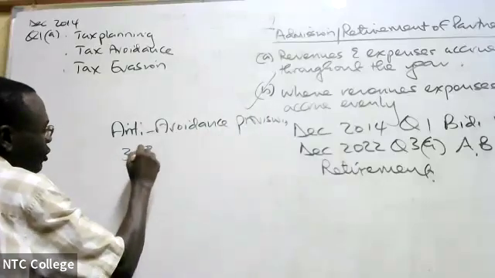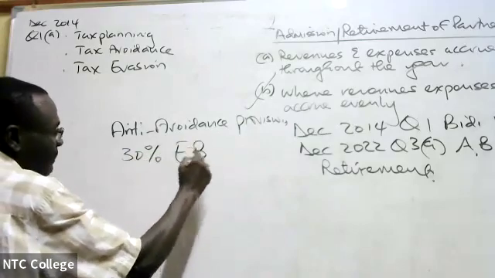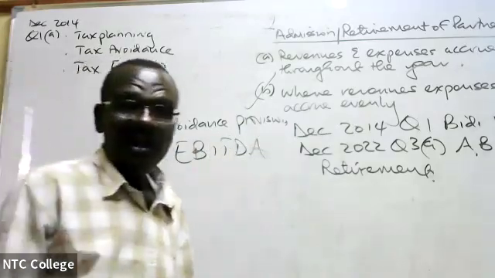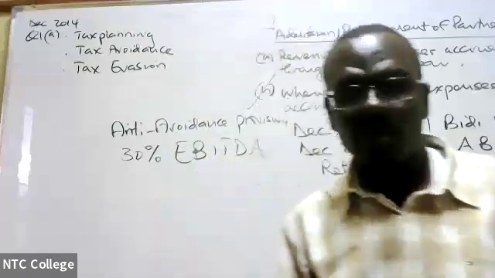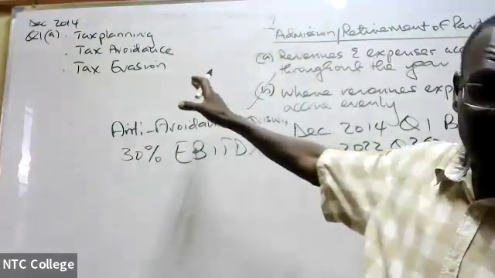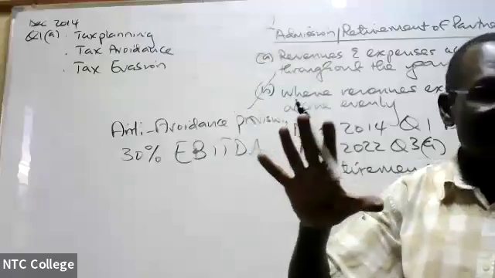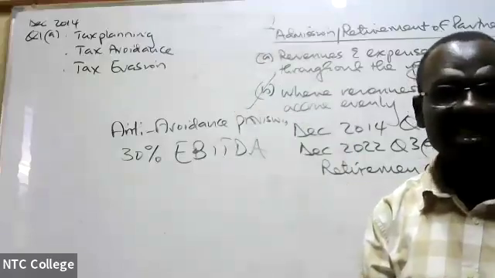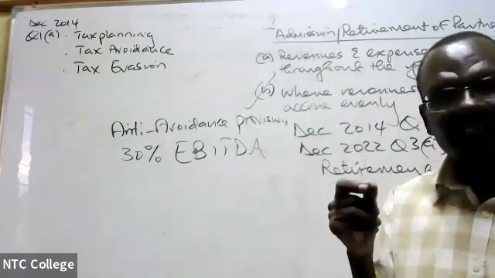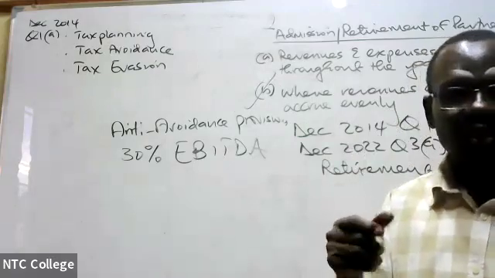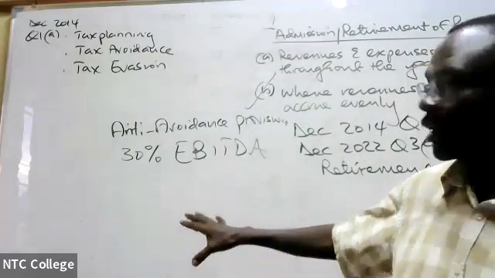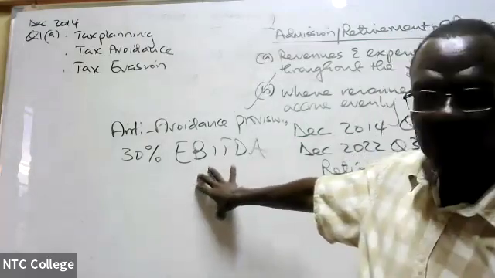The provision there is called 30% of EBITDA. So if a foreign company or a non-resident company wants to use tax avoidance to have excessive borrowings or excessive debt on their branch, and they usually like borrowing in dollars or euros to reduce their taxable income, the commissioner can exercise this law.